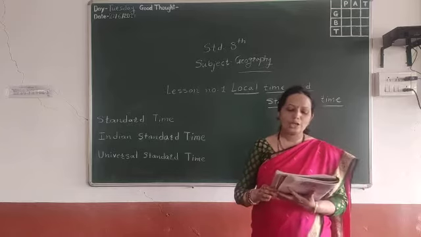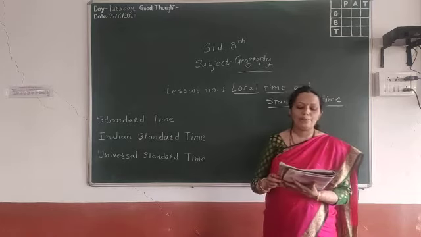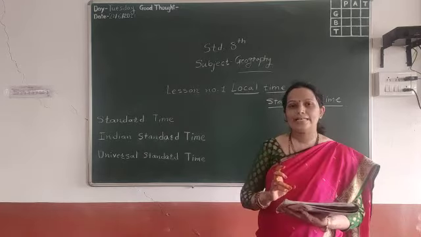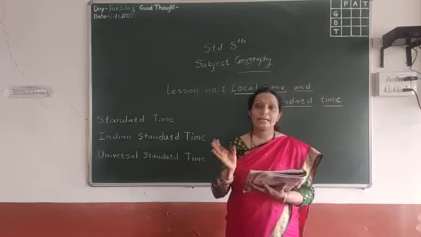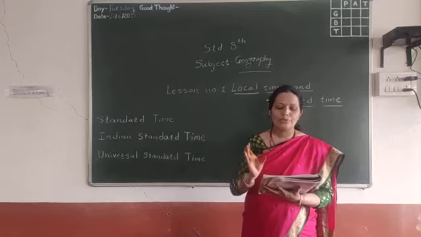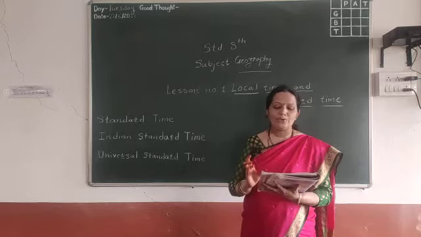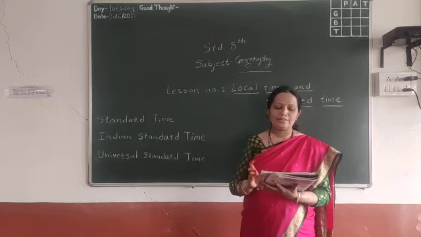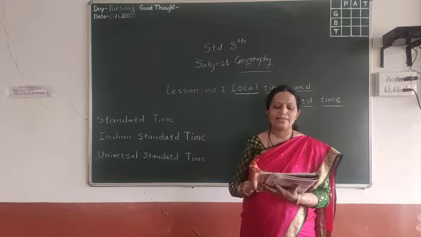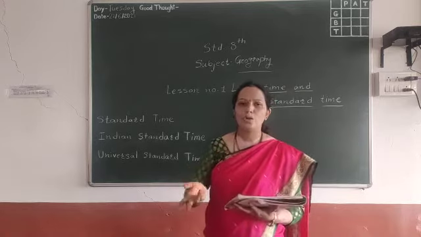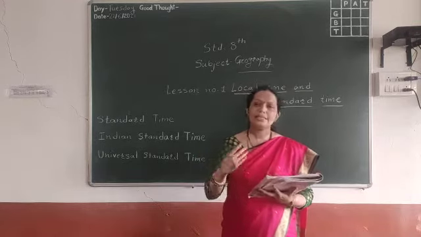The difference in longitude can be known with the help of a globe or map, which we use as a geographical instrument. Carry out the activity given on pages 75 and 76 and understand the standard time of various locations. As place changes, the local time also changes.